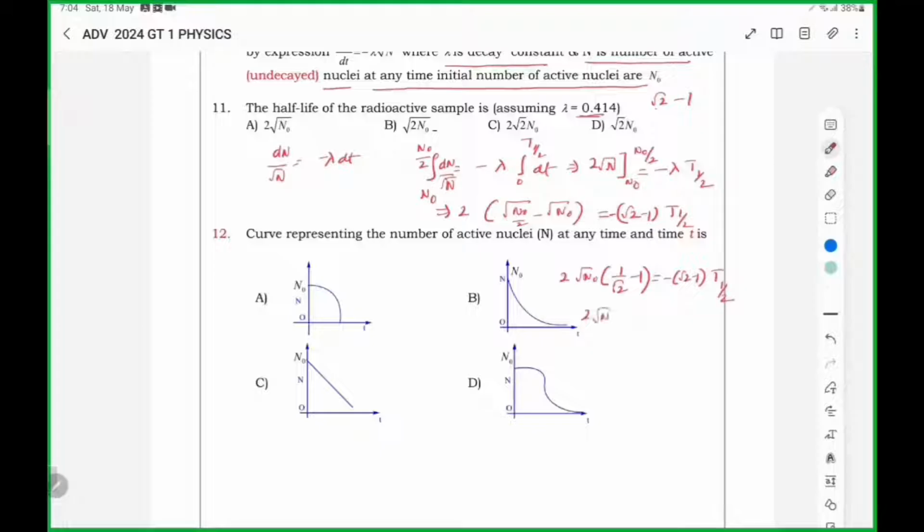So 2 root N0 into 1 minus root 2 by root 2 is minus of root 2 minus 1 T half. This gets cancelled. T half will be root of 2 N0. So B is the answer.